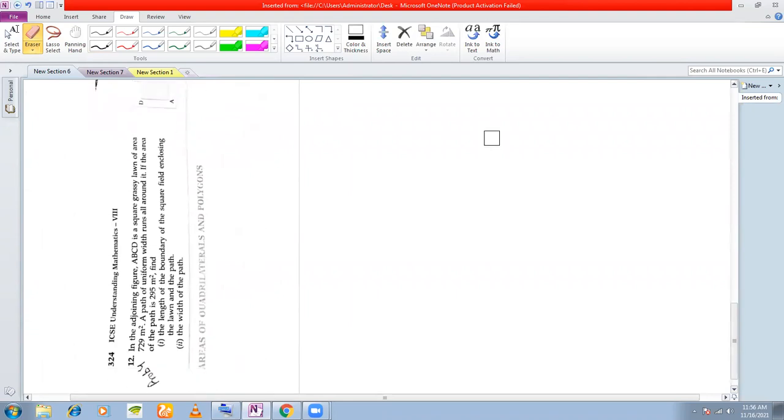But as the figure is not clear, I'll be drawing the figure. Just read the problem to begin with. This is number 12 from my textbook. You can refer to your question number from your textbook. The question is, in the figure, ABCD is a grassy lawn. Okay, let me draw the figure first.